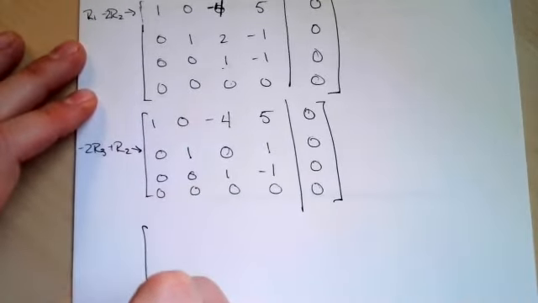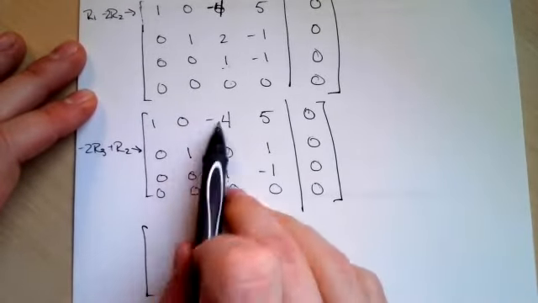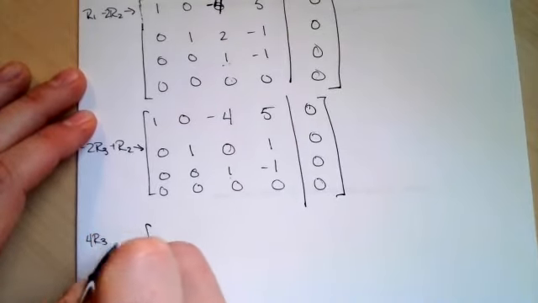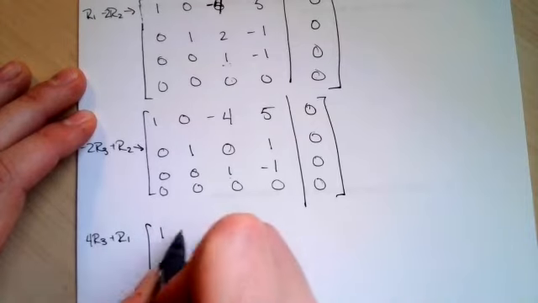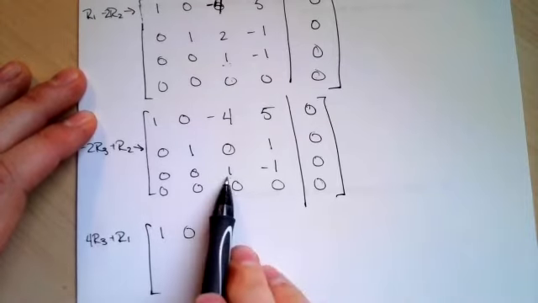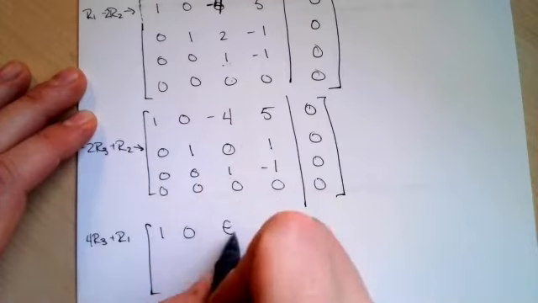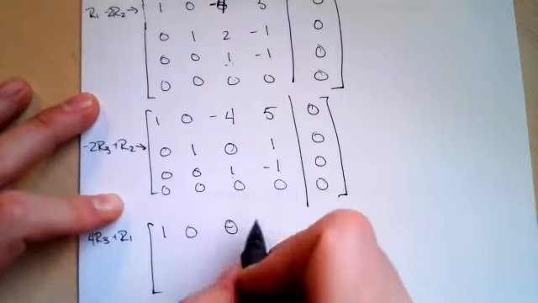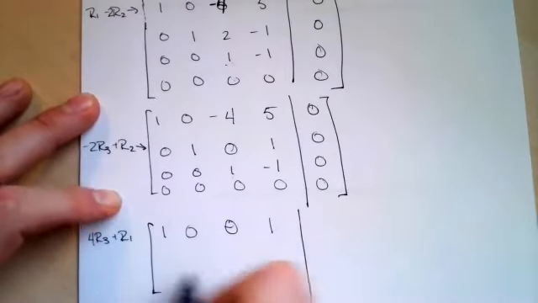And then now we can get rid of the 4 here. So we will do 4 row 3 plus row 1. So we'll have 1, 0, 0, and then row 3 we've got 4, which will give us negative 4, and then a 1 there.